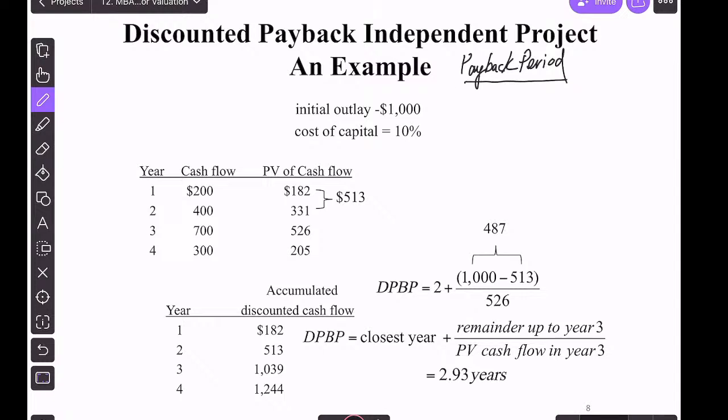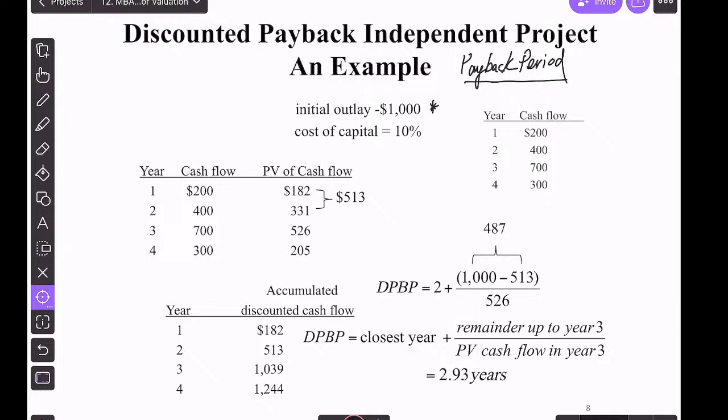The costs were $1,000. So looking at the cash flows over here, I'll move them over. So looking at the cash flows, when do you make your $1,000 back? Well, year 1 is not enough. Year 2 is not enough.